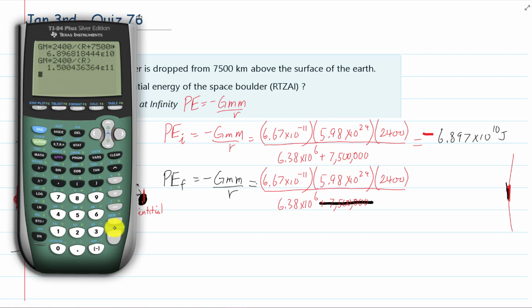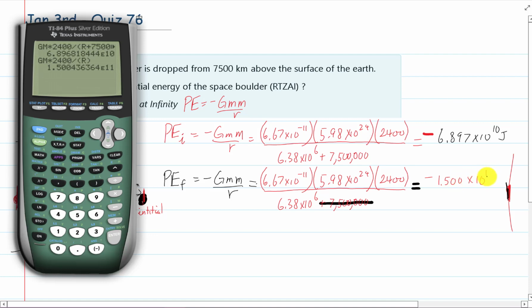And that'll be the energy on the surface with respect to infinity, negative 1.500 times 10 to the 11th joules.